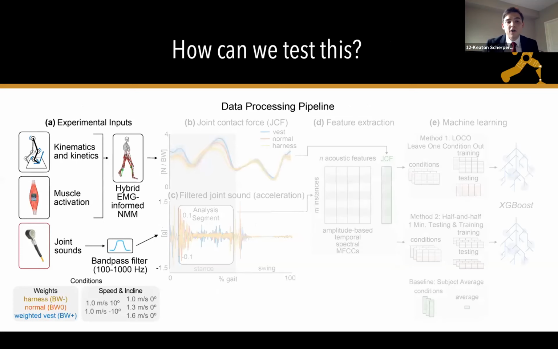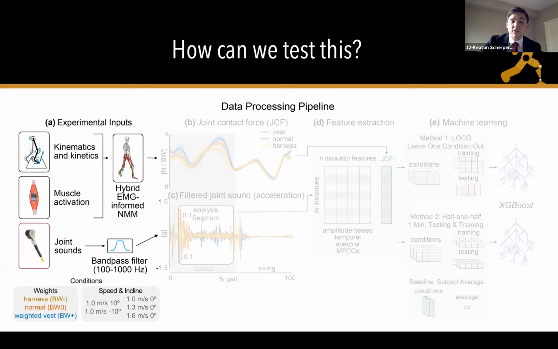So our protocol involved 11 able-bodied subjects walking under varying speed, incline, and loading conditions, while joint sounds and essential gait measures were collected. The biomechanics measurements were then synthesized using a neuromuscular model to form what we call the gold standard estimate of these joint contact forces.